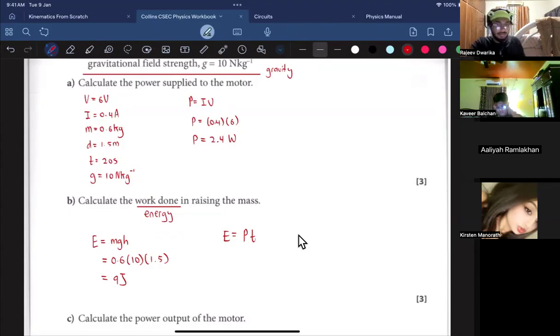Let me explain something. Aaliyah, do you think the motor will be 100% efficient in lifting the mass? When I say 100% efficient, do you think all the energy we are supplying to the motor will be used perfectly, without waste, to lift the mass?